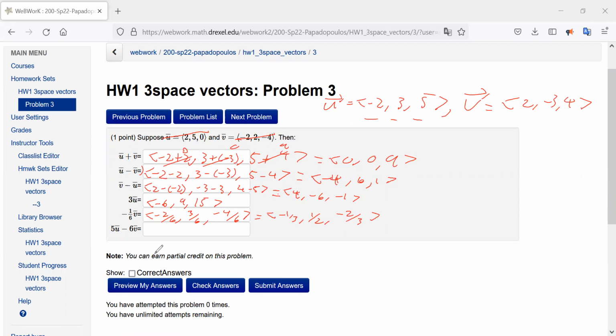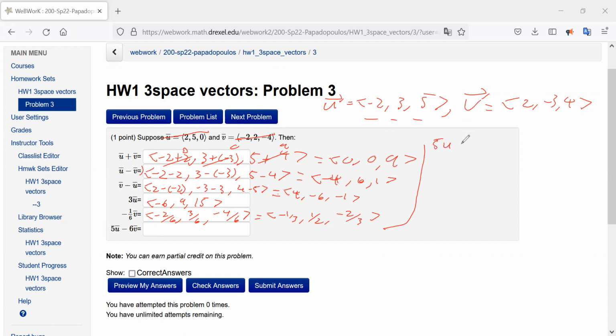So now this last one I'm just going to do off by the side because it'll take a little bit more space. I have to do 5 times u and 6 times v first. You could just do it throughout, as a single expression of 5 times your x component minus 6 times your vx component, but I'm just going to do them out first.